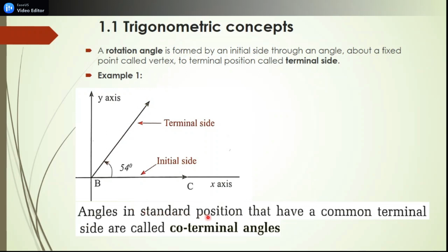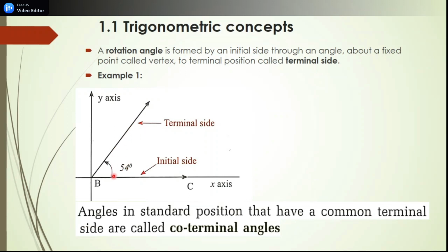Angles that are in standard position and have a common terminal side are called coterminal angles. Coterminal angles are many angles which meet at one point. They have a common terminal side. One angle is, for example, 54 degrees.